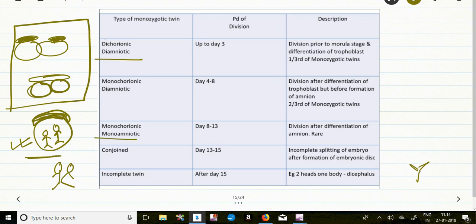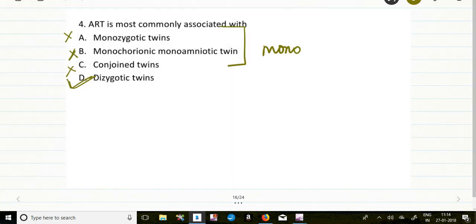What is difficult to diagnose is chorionicity of the fetus. How many chorions does it have? Dichorionic diamniotic. The signs which are present on ultrasound are lambda sign and T sign.